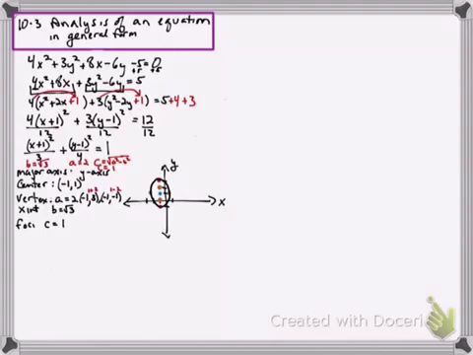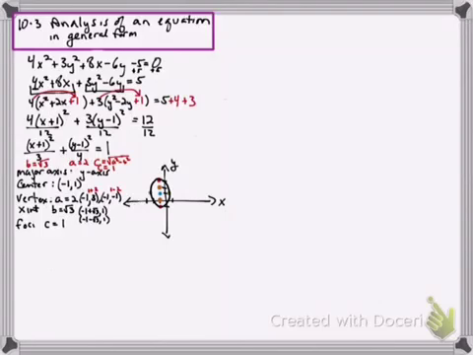And then for the intercepts, we have -1 as our starting point, plus radical 3, 1, and then -1 minus radical 3, 1. So we moved left and right by radical 3.